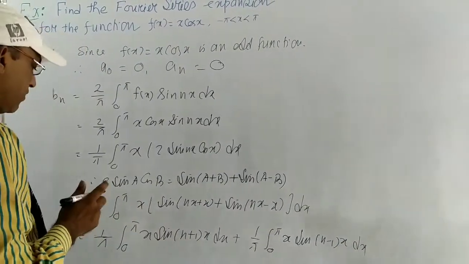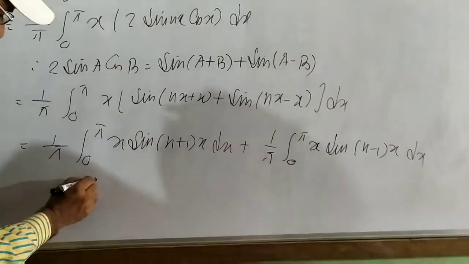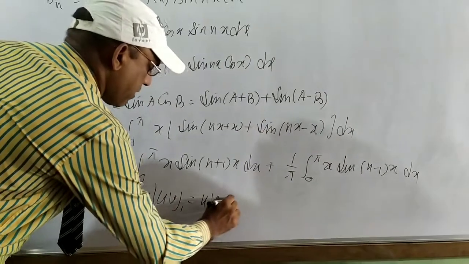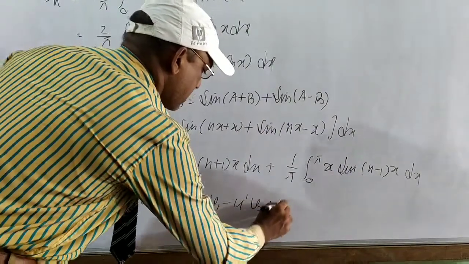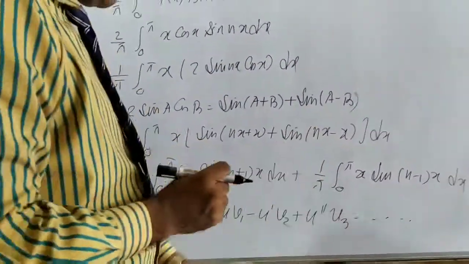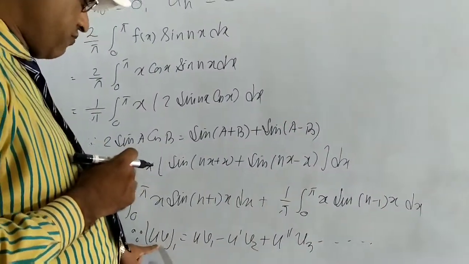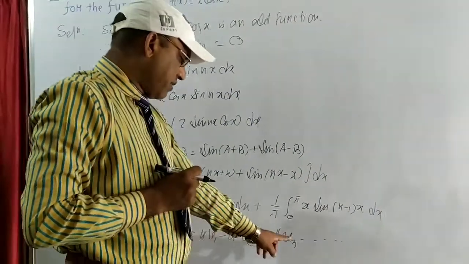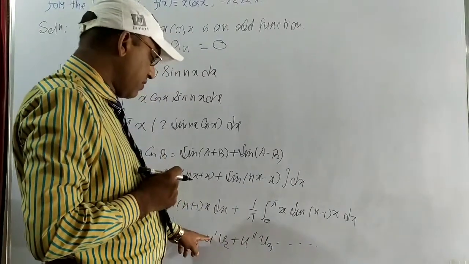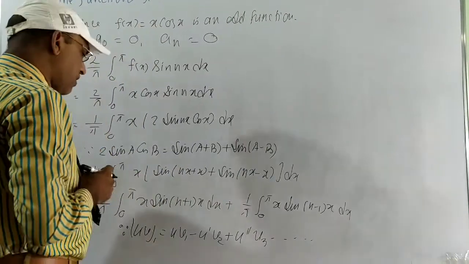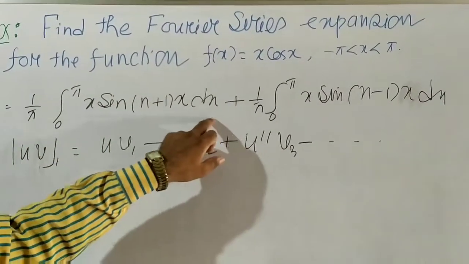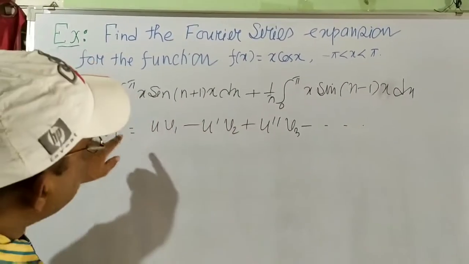We can use the shortcut formula: uv1 minus u'v2 plus u''v3 minus and so on, with alternating plus and minus signs. Here v1 means integration of v, v2 means integration of v1, v3 means integration of v2, and u' means d/dx of u, u'' means d/dx of u'. If you use the usual by parts formula, you have to integrate 2 times. Now we are using this formula.